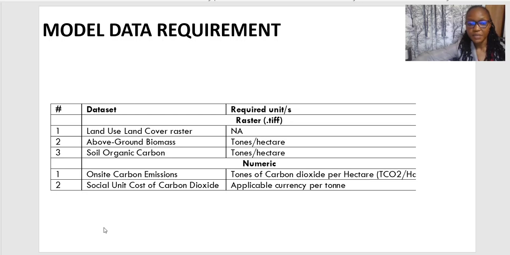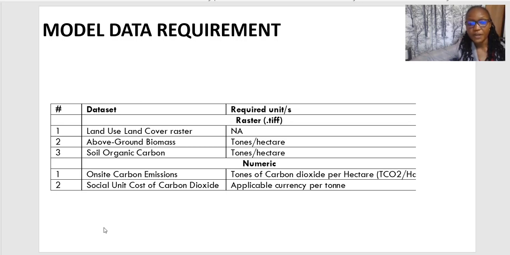For that particular year of assessment, you need to carry out a land cover so that you can establish the correct area of the forest and bring in that land cover for use in the valuation. The next product you need is the above ground biomass, which is normally in tons per hectare. And the next thing is the soil organic carbon, that is also in tons per hectare.